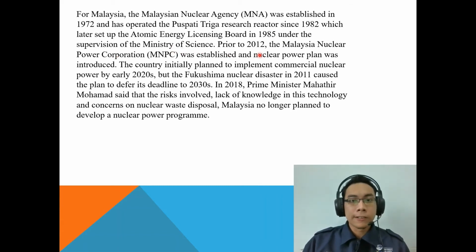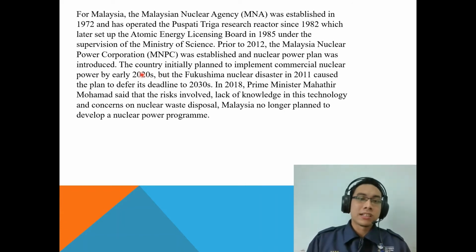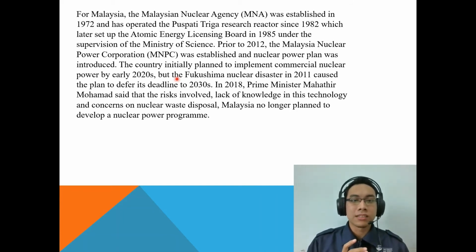Malaysia initially planned to implement commercial nuclear power by early 2020, but the Fukushima nuclear disaster caused the plan to be deferred.